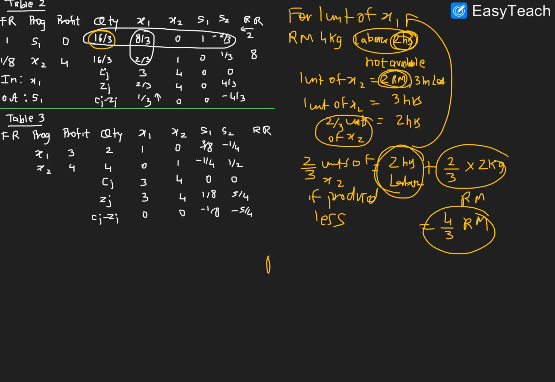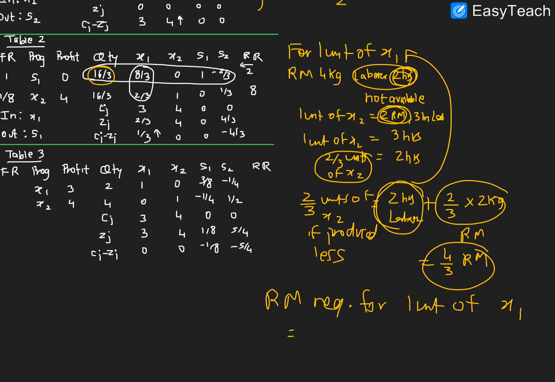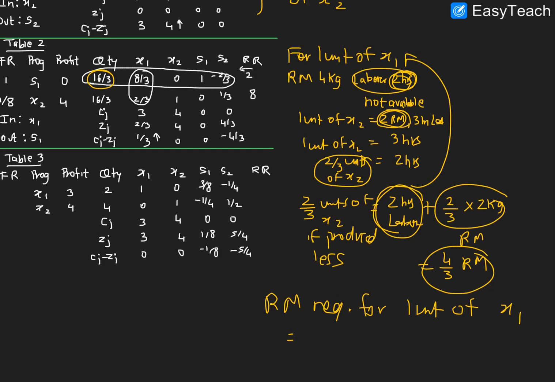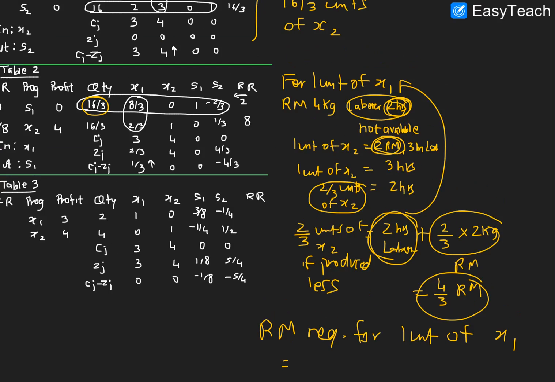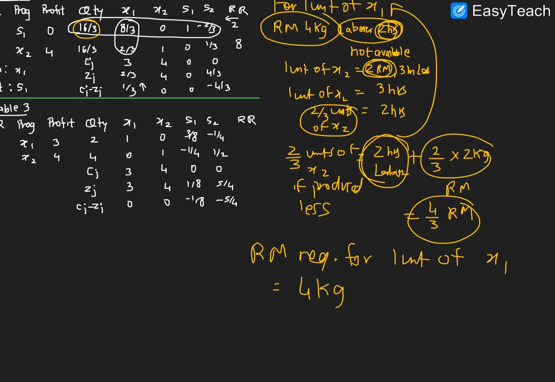So what is the raw material required for 1 unit of x1? We know that raw material required for 1 unit of x1 was 4 kg, but am I going to use this 4 kg fully from the idle raw material S1?